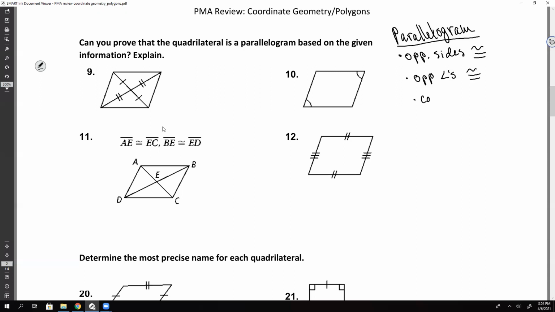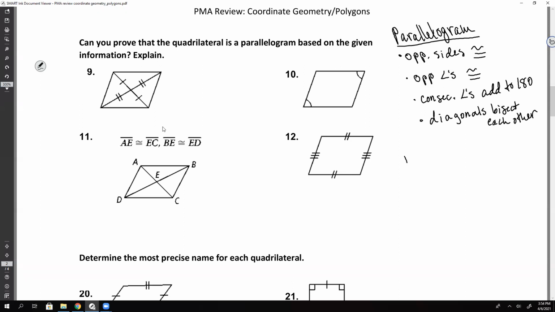Your consecutive angles add to 180. And then your diagonals bisect each other. Okay, so that's parallelograms.